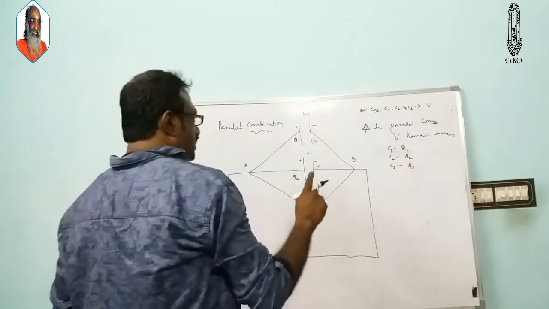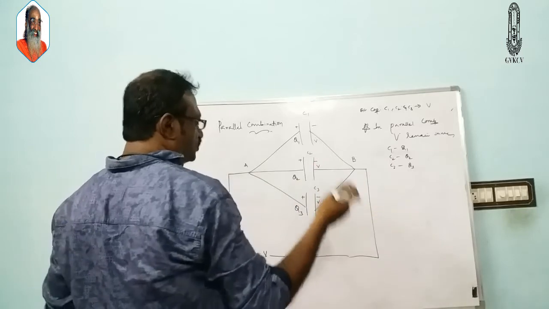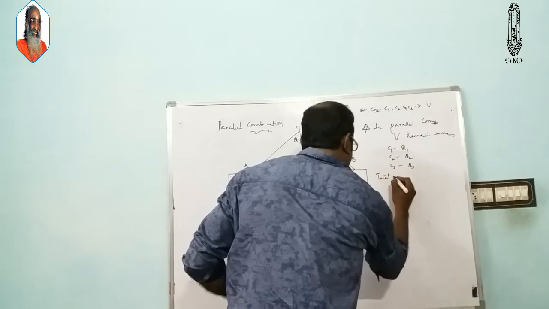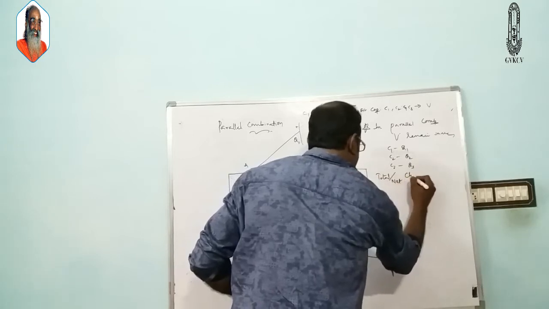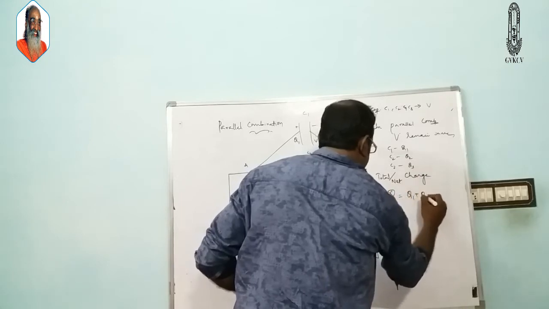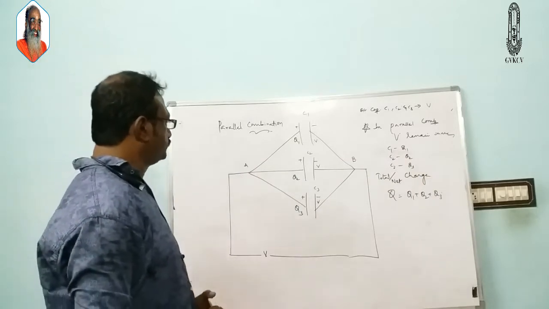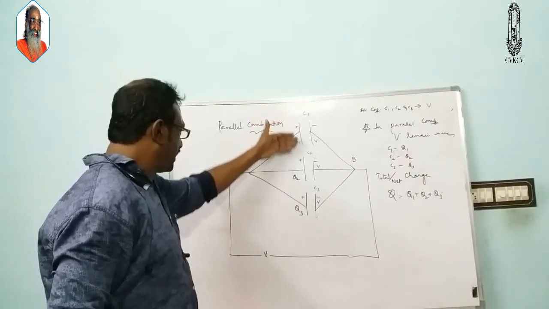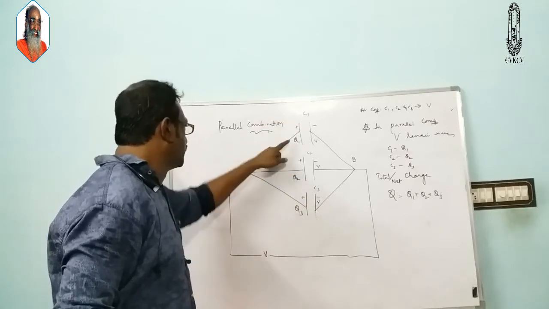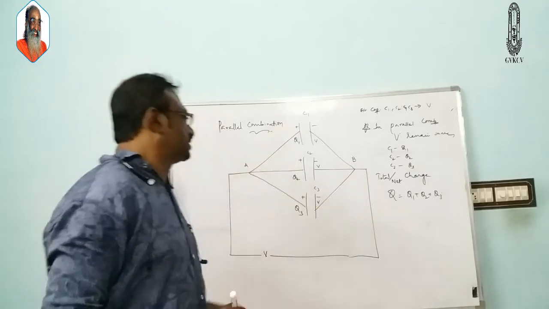I should not say here that Q is divided into Q1, Q2, Q3, because initially we do not have any Q here. So from this we get the total or net charge as Q is equal to Q1 plus Q2 plus Q3. Because the capacitances are different, the charges also will be different, Q1, Q2 and Q3, and if we add these we get the net charge.